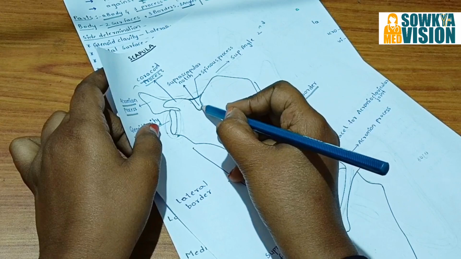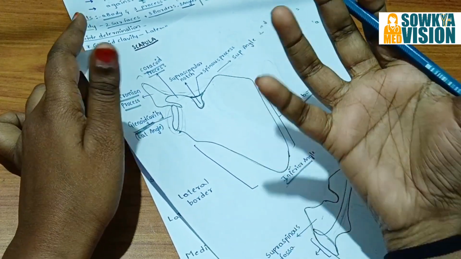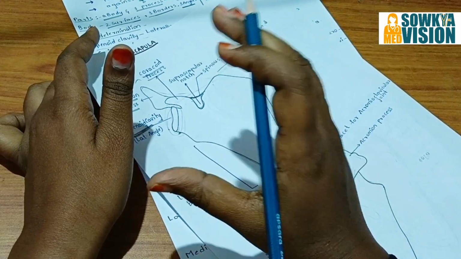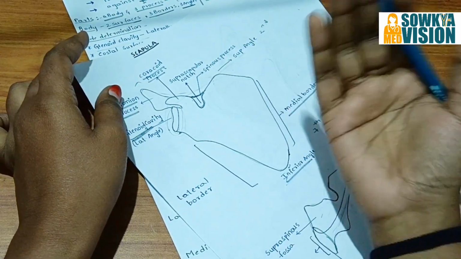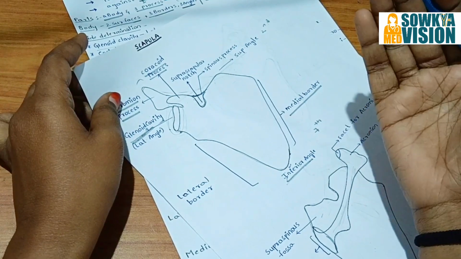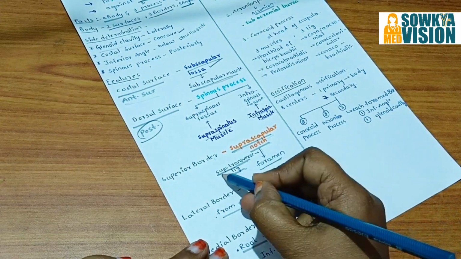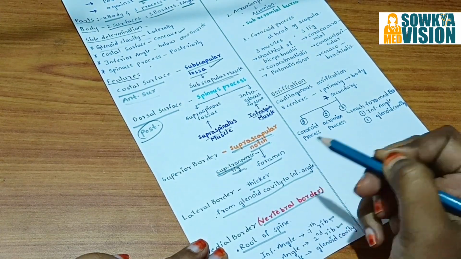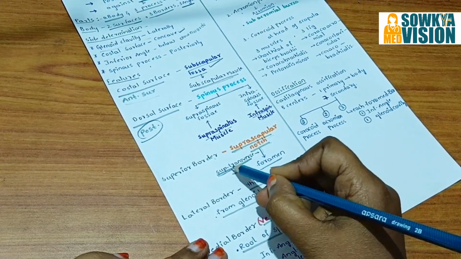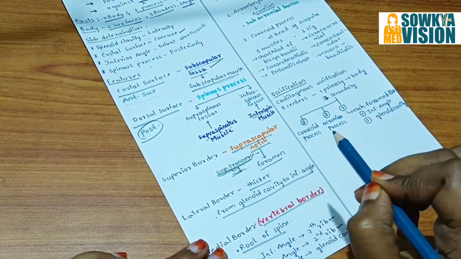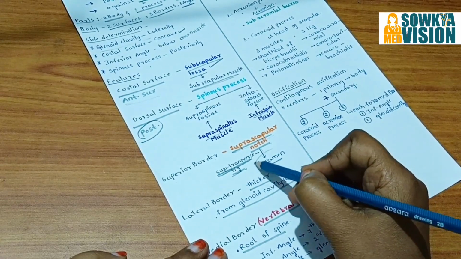The suprascapular notch is converted into a foramen. By what? It is converted into a foramen by the superior transverse ligament. By this ligament the foramen is formed.